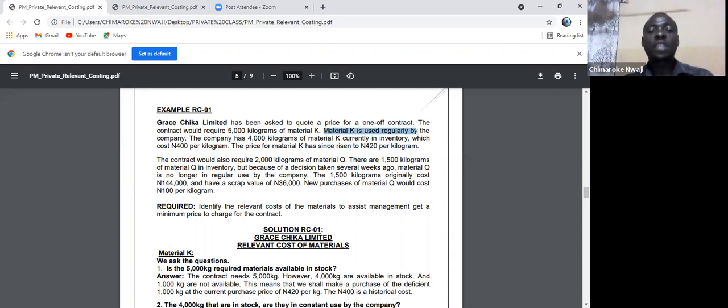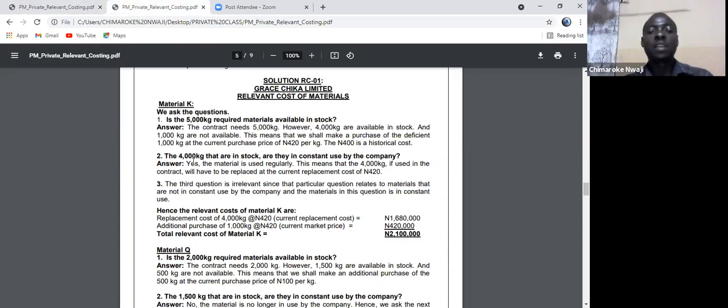So there is a constant use of the material. And if there is a constant use of the material, it means that the 4,000 kg that the company already have in stock, if you use it, you will need to replace it. And there's a current replacement cost of 420 naira.